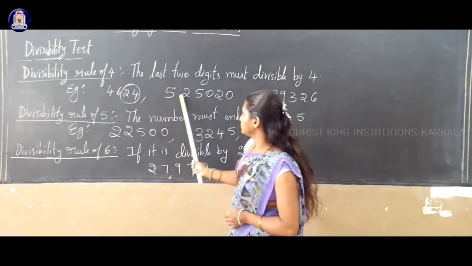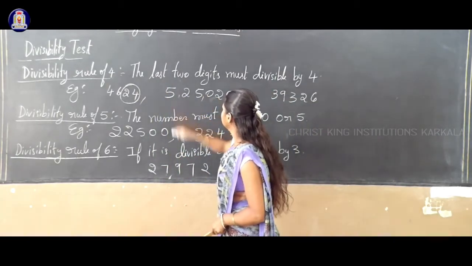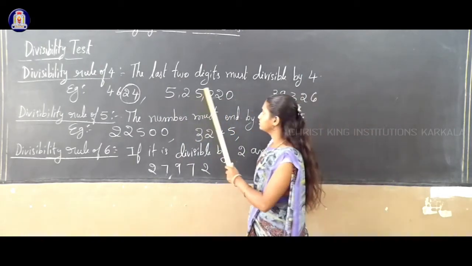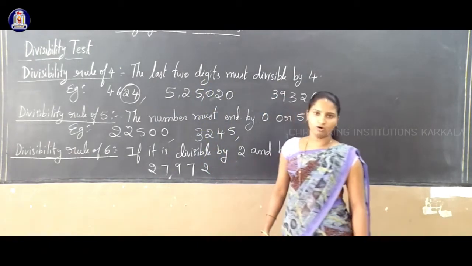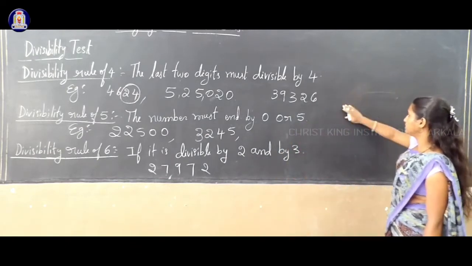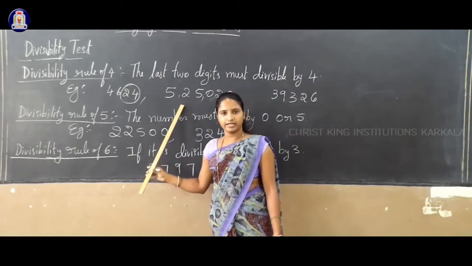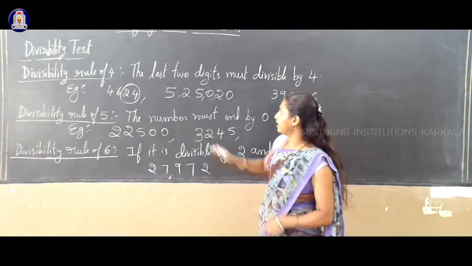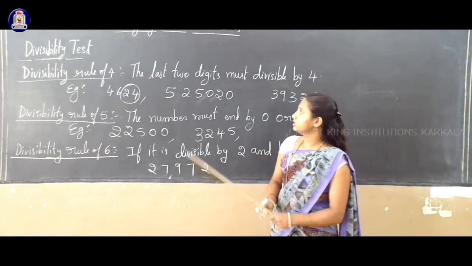Clear? So next example here. This is 5,25,020. We can identify whether the given number is divisible by 4 or not. How to check?